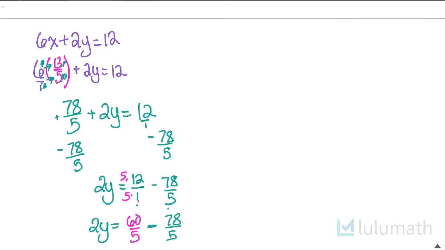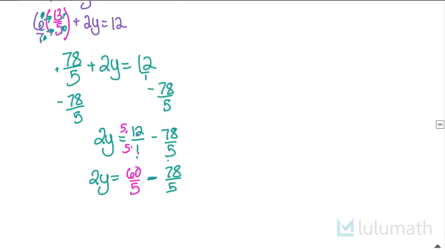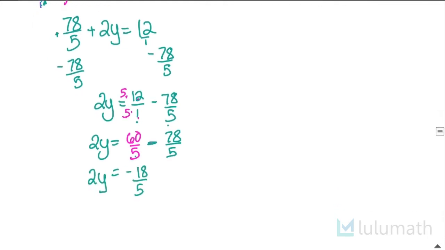Now that I've done that, I can collect my like terms. 60 over 5 minus 78 over 5 is negative 18 over 5. That's what 2y is equal to. And then the last thing I need to do is divide by 2. So I end up getting y equals this whole expression.